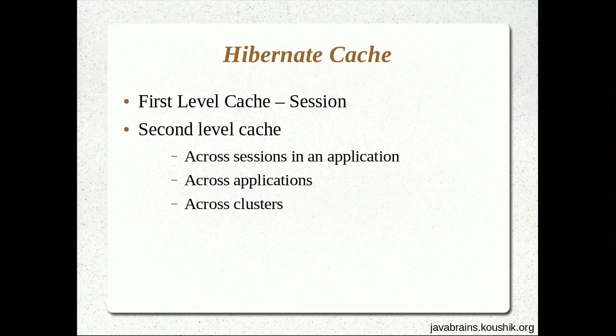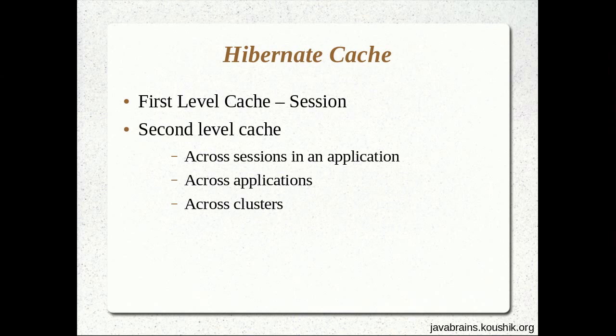Now the other application which is not using Hibernate would not know that there is this data in the cache, and it might directly go talk to the database. So there could be a problem where an application which is not using Hibernate, totally unaware of the cache, might still end up dirtying the data and updating the data in the database, and the cache might be invalid.